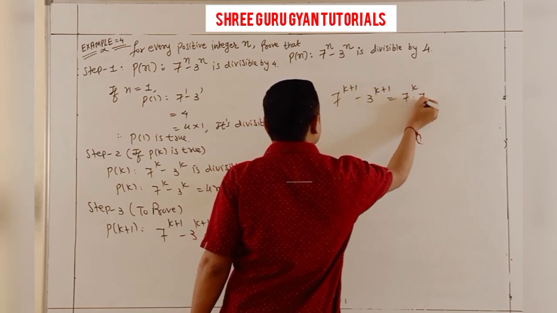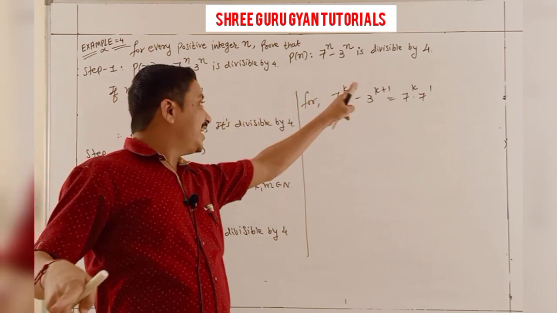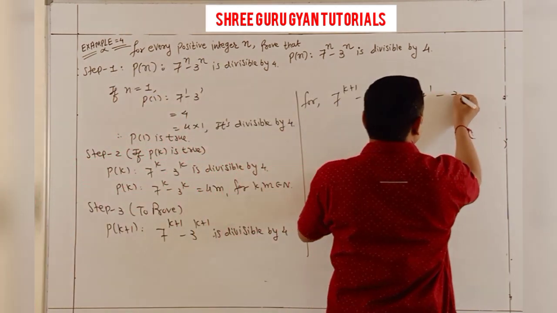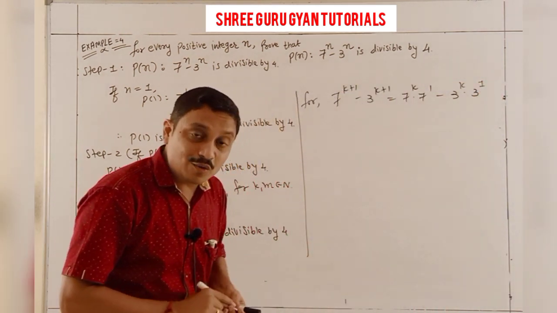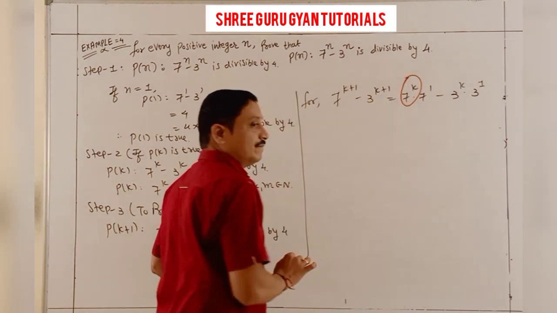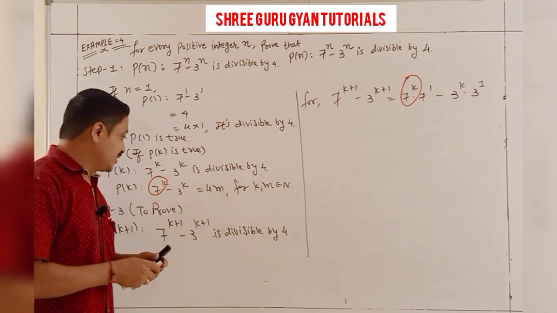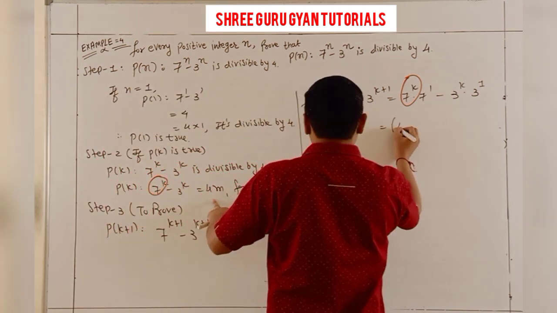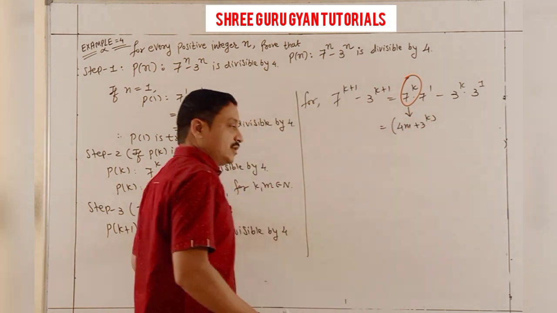I just write down the basic power change: 7 raised to k, 7 raised to 1, and here the same, 3 raised to k, 3 raised to 1. Now students, focus on that power: this 7 raised to k. And what is that value? It is surely 4m minus 3 raised to k. This one.